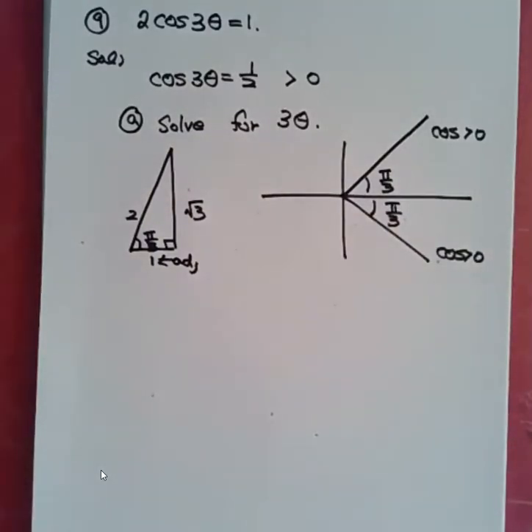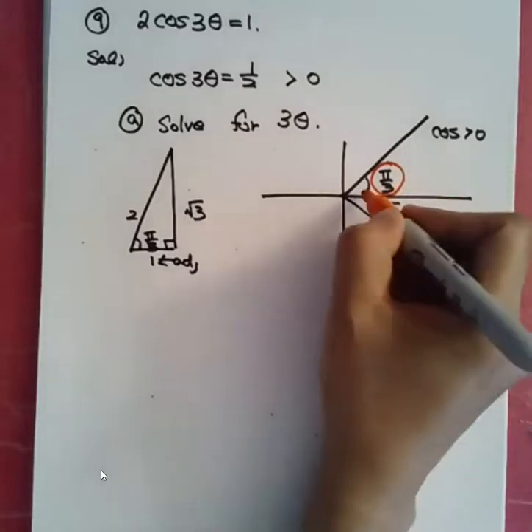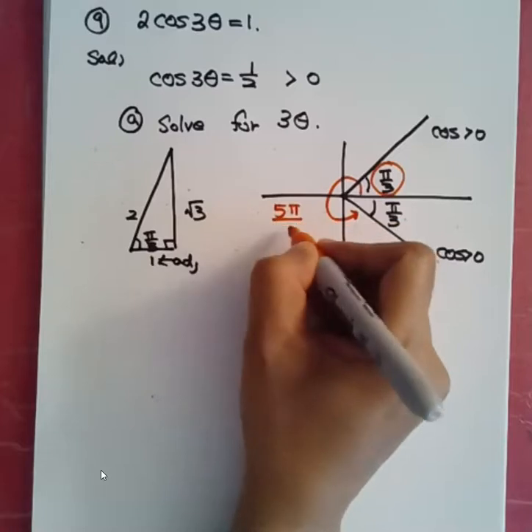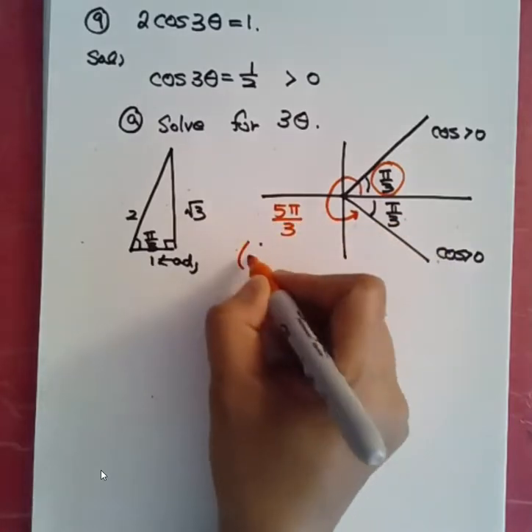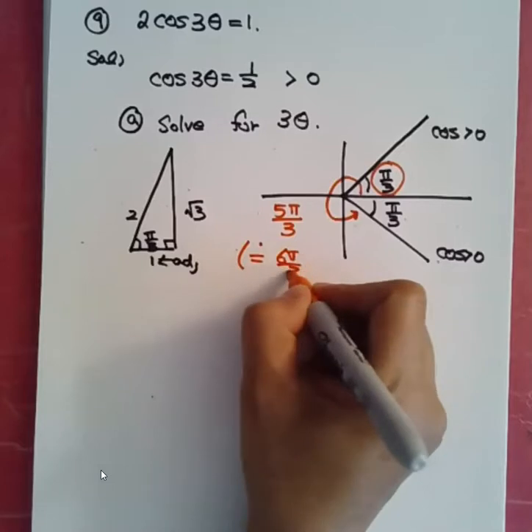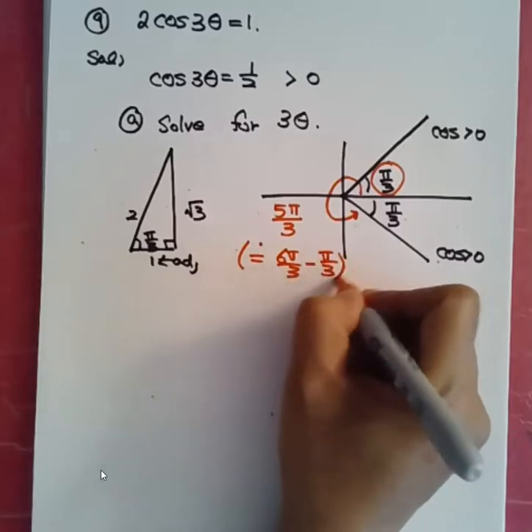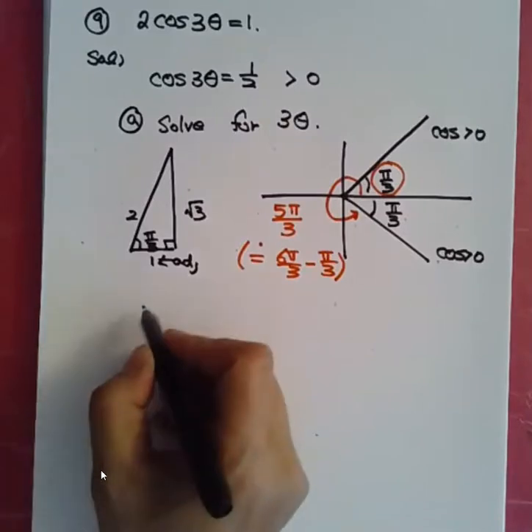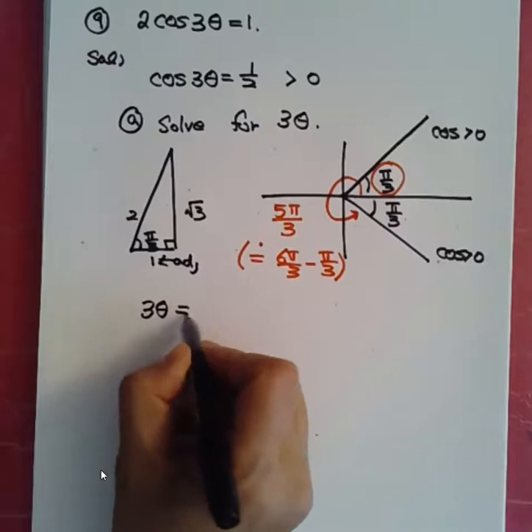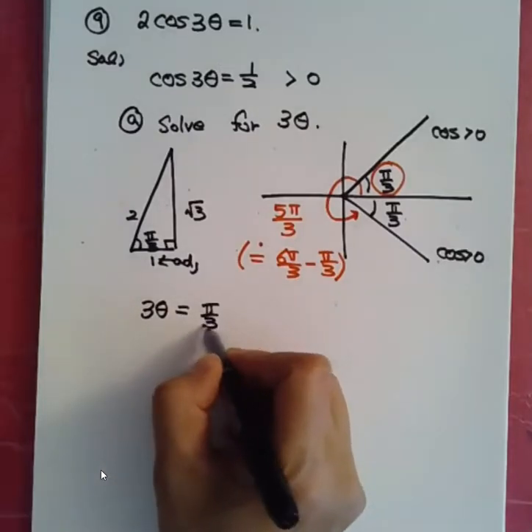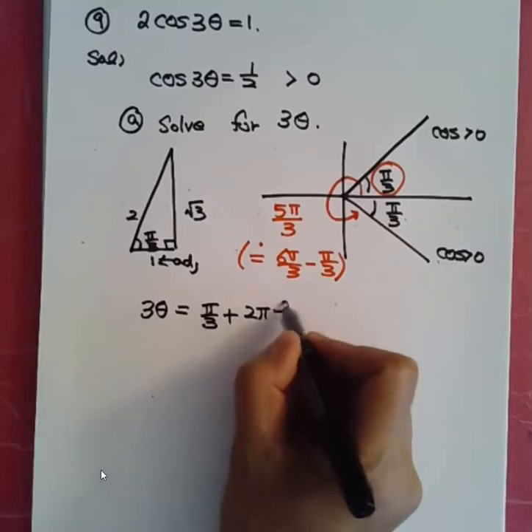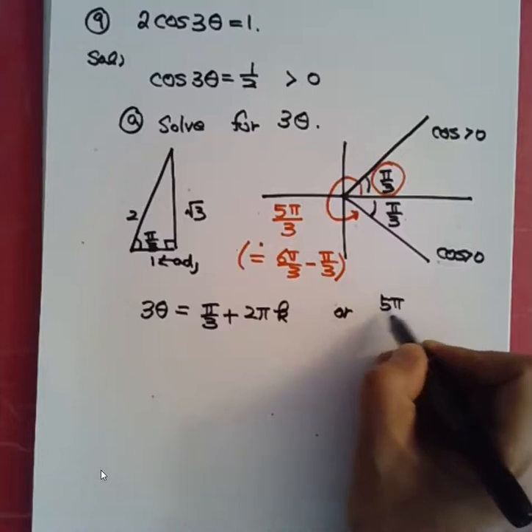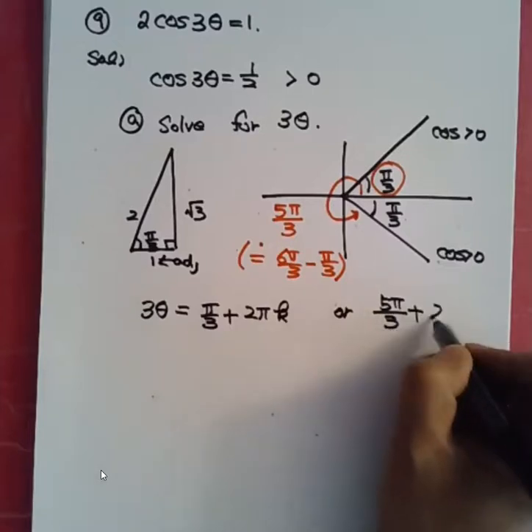So one answer is pi over 3 and the other answer is 5 pi over 3, from 6 pi over 3 minus pi over 3. So we can say that 3 theta equals pi over 3 plus 2 pi k, or 5 pi over 3 plus 2 pi k.